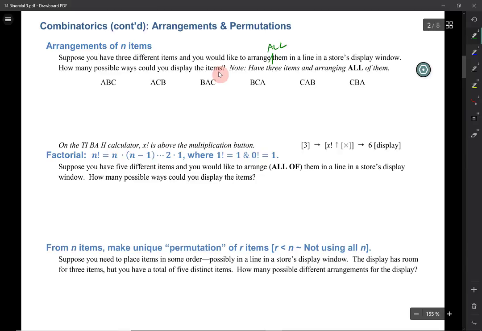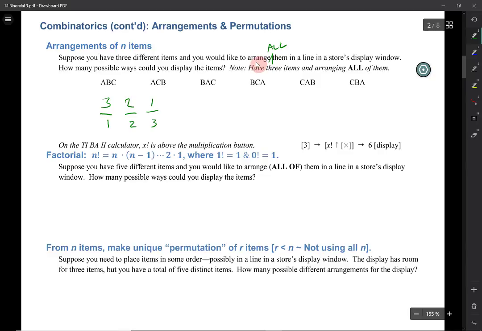If we want to apply the formal counting rules, there's the first one, the second one, and the third one. How many possibilities are there? Well, if there are 3 things, there's 3. After you pick the first one, there's only 2 left. And after you pick the second one, you really don't have a choice because you're forced into the 1 remaining. And so you multiply those together and you get 6.